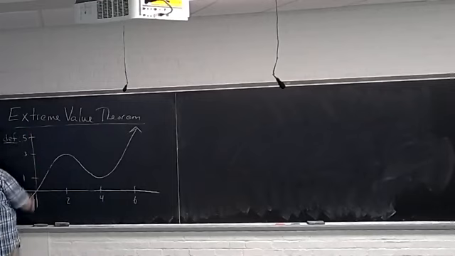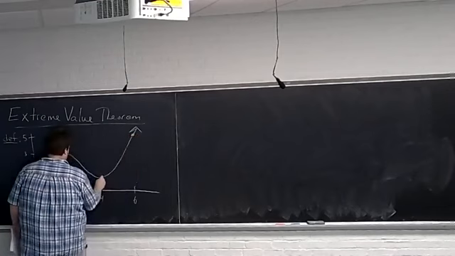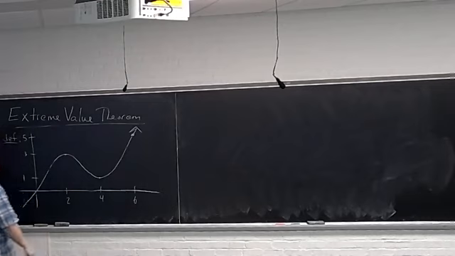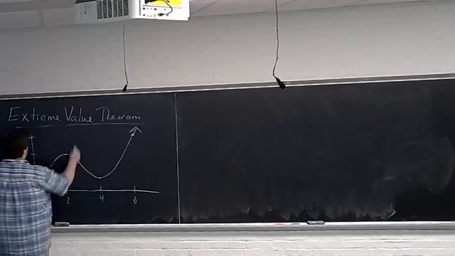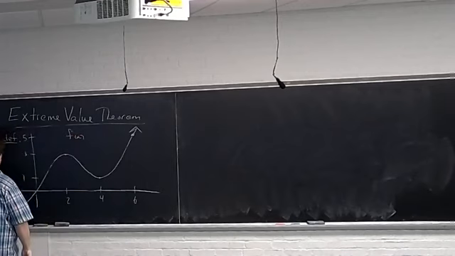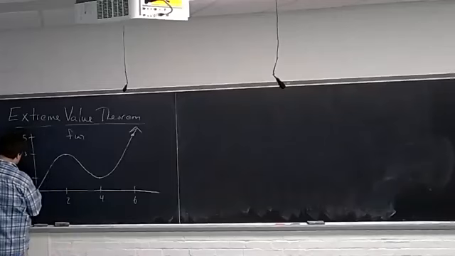Let's say it goes through 6, 5. Those 2 and 4 are at the top and bottom of those little curves there. But what we're going to do, here's a function. But we're not going to look at the entire function. We're just going to look at the piece from 0 to 6.